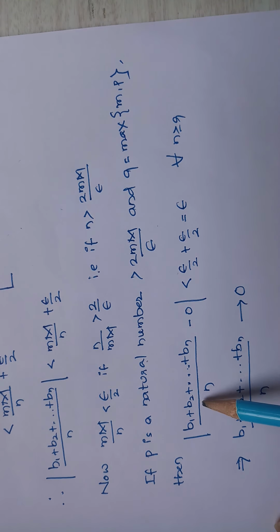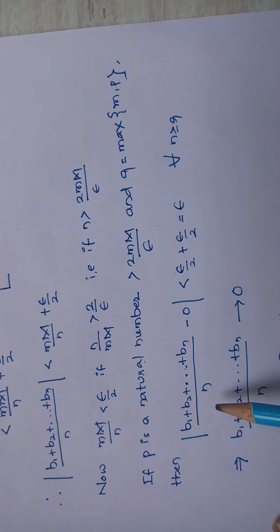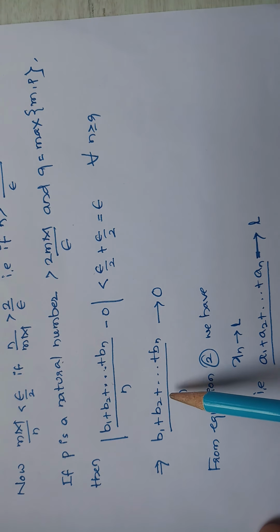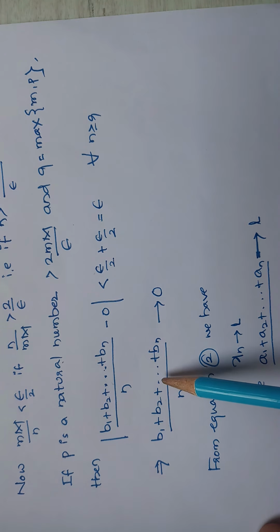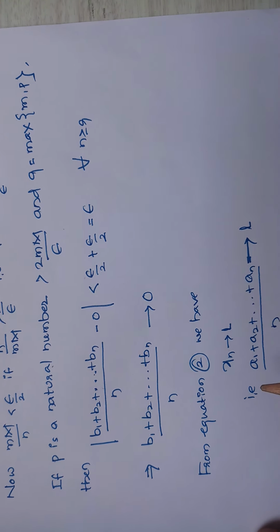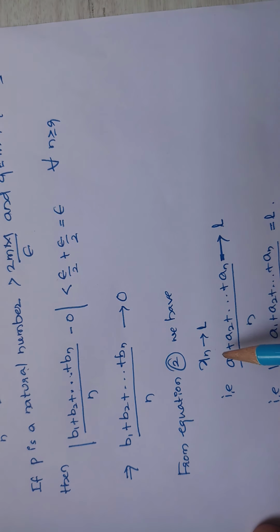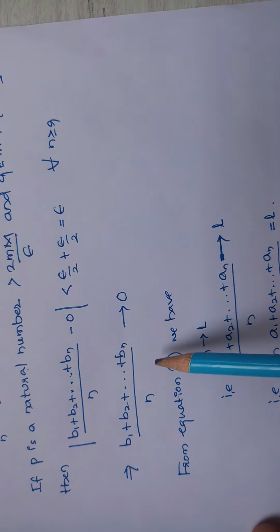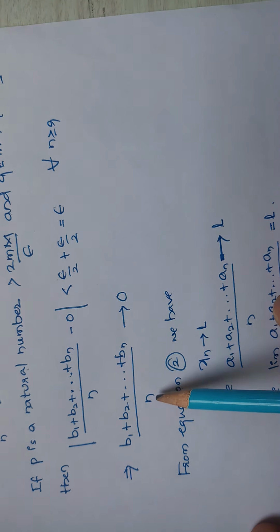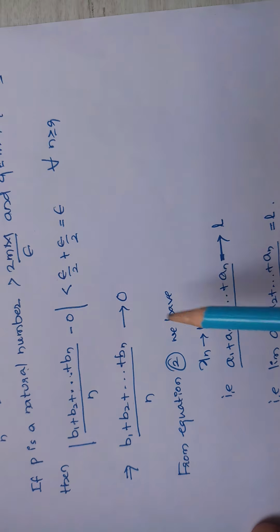So this implies that, using the definition of a convergent sequence, we can rewrite this as: b1 plus b2 plus so on bn divided by n tends to 0. So from equation 2 we have xn tends to L, because bn tends to 0 means b1 plus b2 plus so on bn divided by n tends to 0.